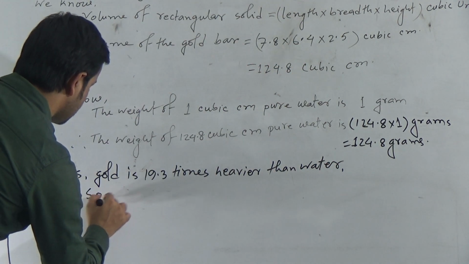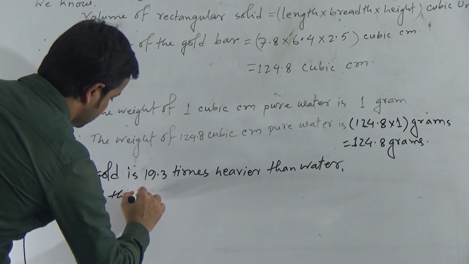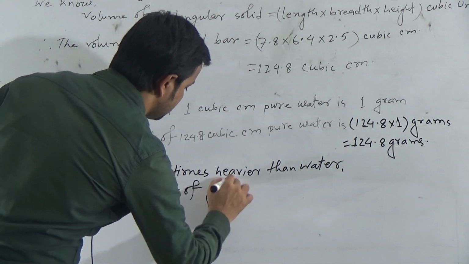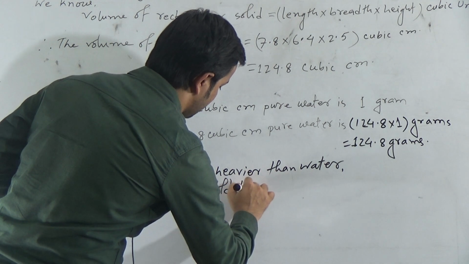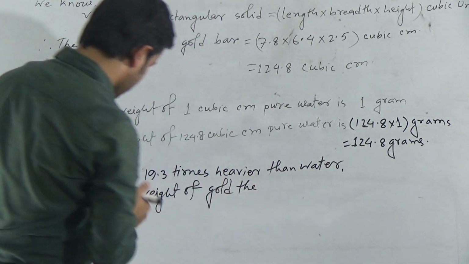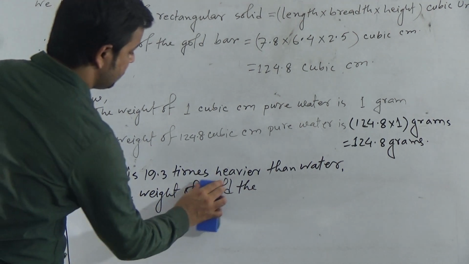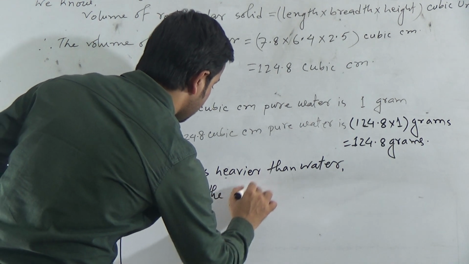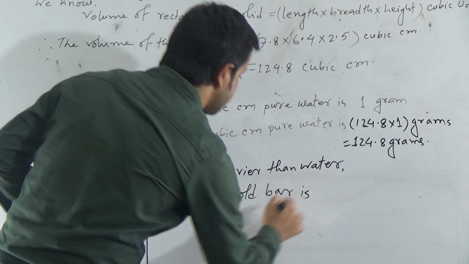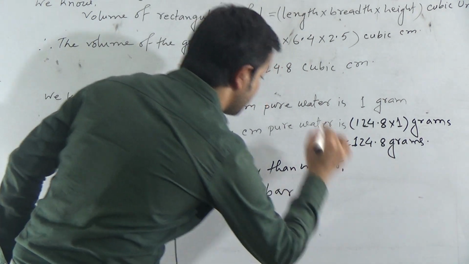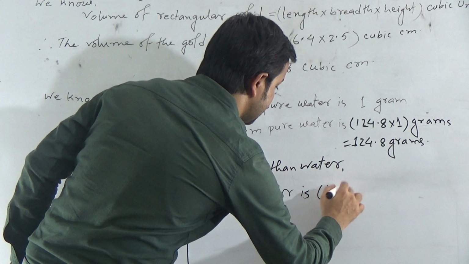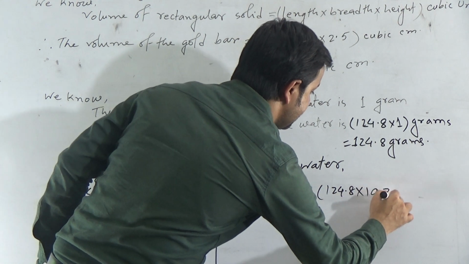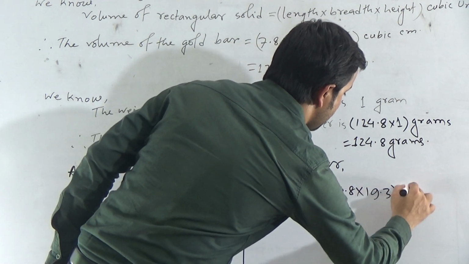So the weight of the gold bar is, we have to multiply 124.8 by 19.3 grams.